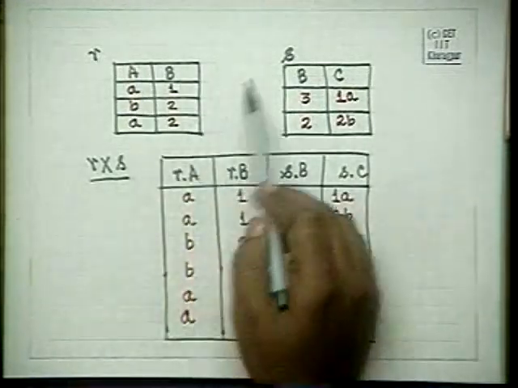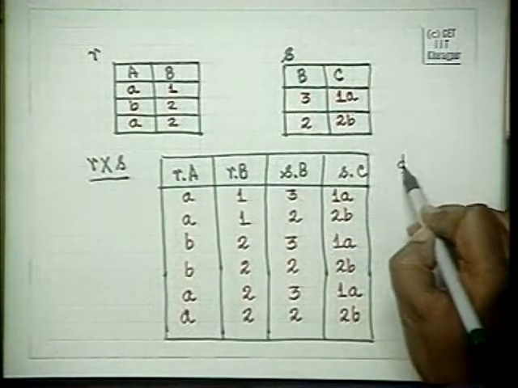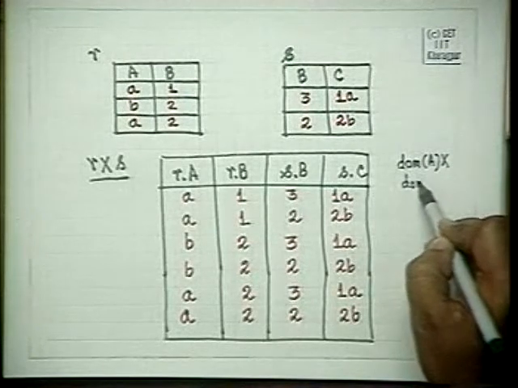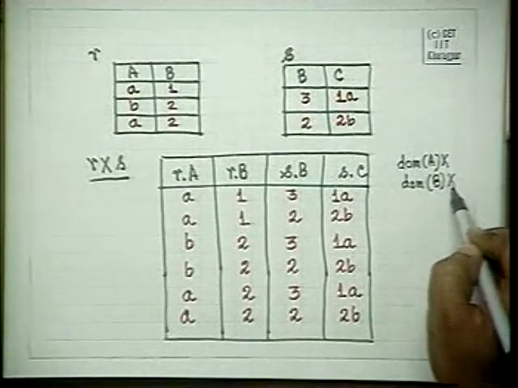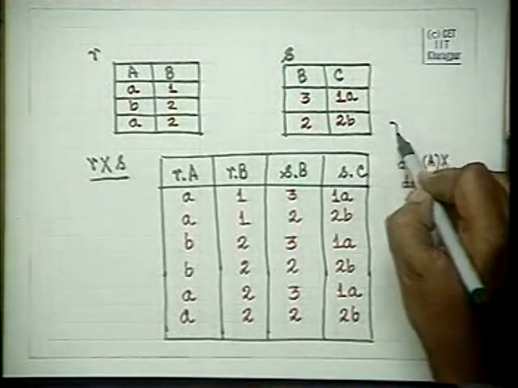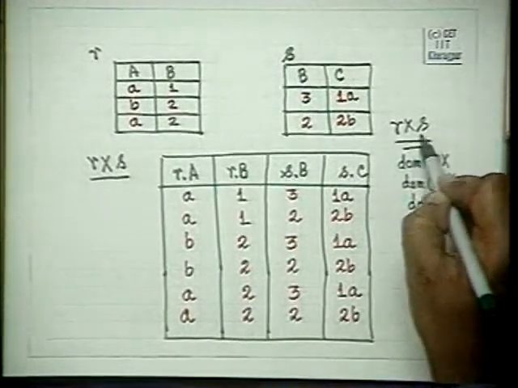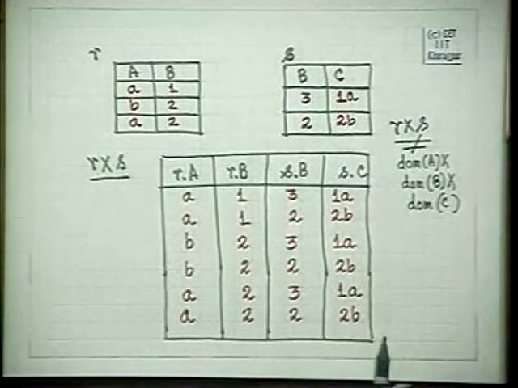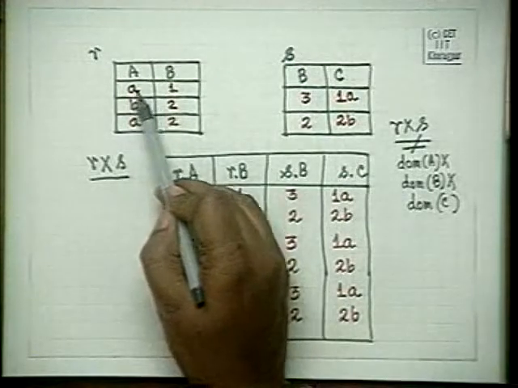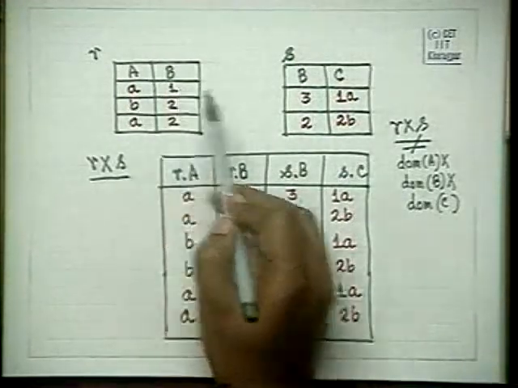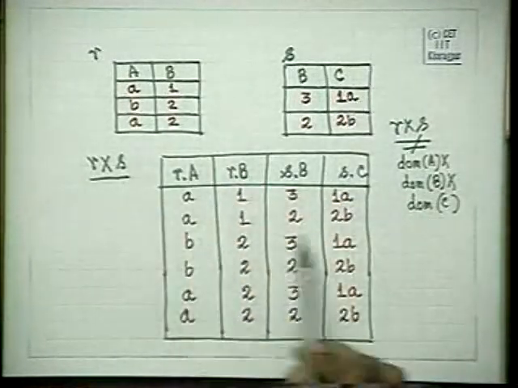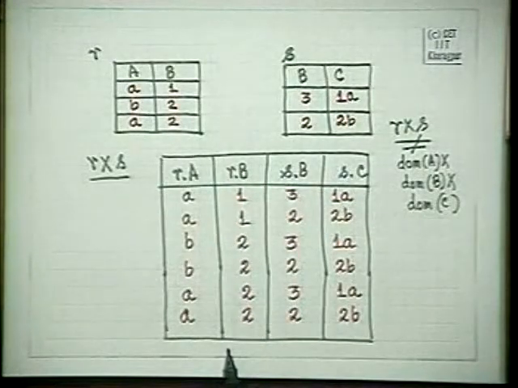It is not the same as DOM A cross DOM B cross DOM C. R cross S is not equal to DOM A cross DOM B cross DOM C. It is this tuple as one item which combines with that tuple as one item, and therefore we have got all the possible combinations.